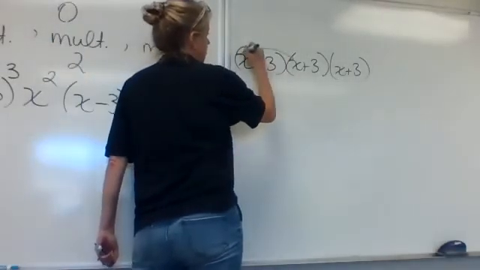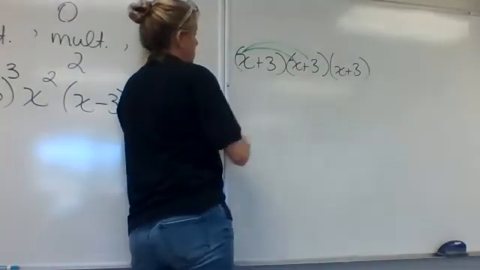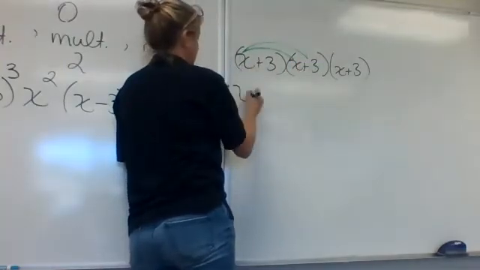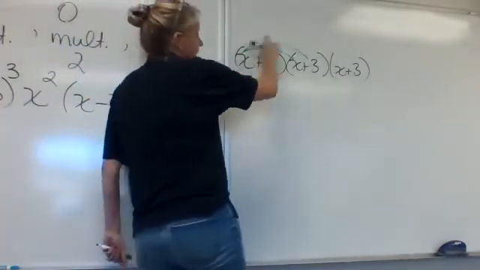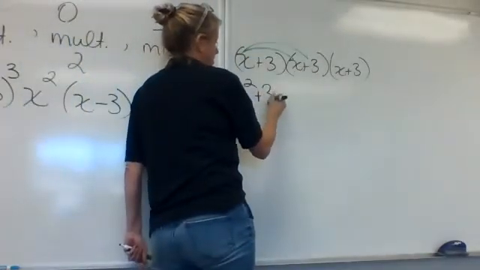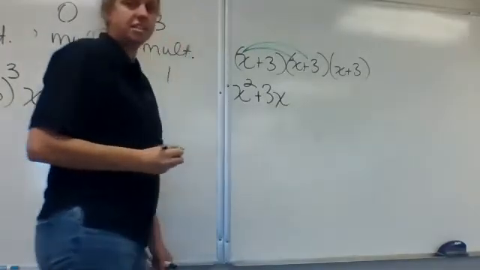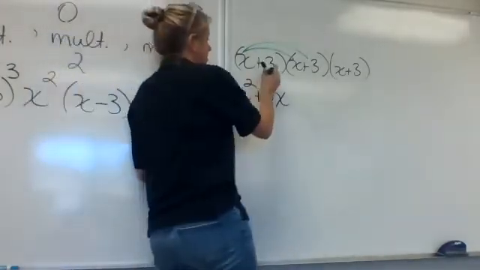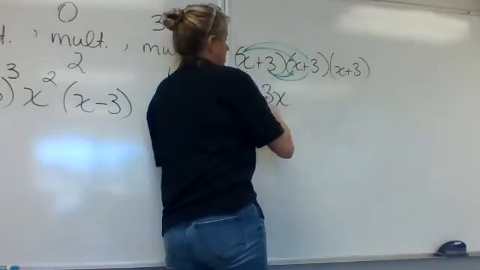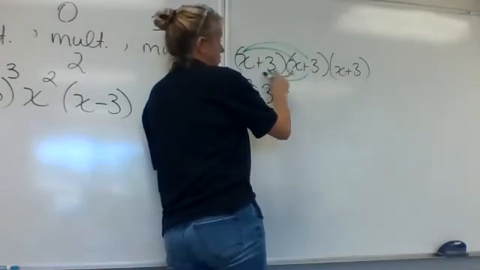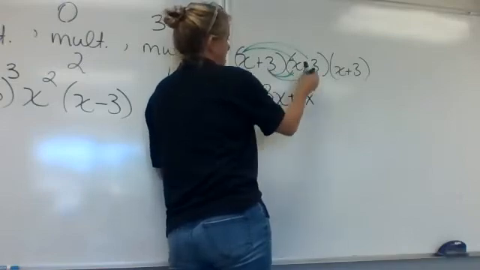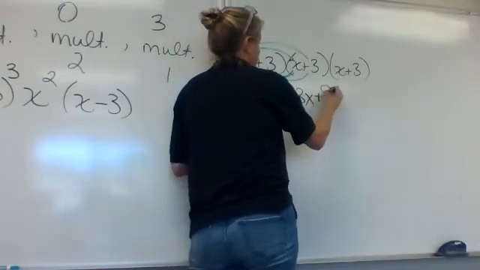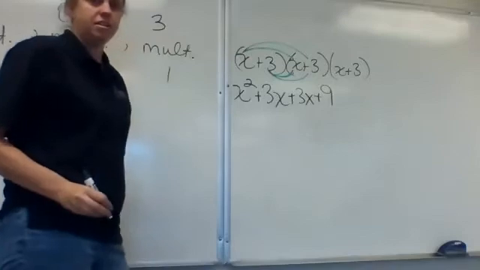When I FOIL this, my first x times x is x squared. X times 3 is 3x. My inner, another positive 3x. And then my last 3 times 3 is positive 9.